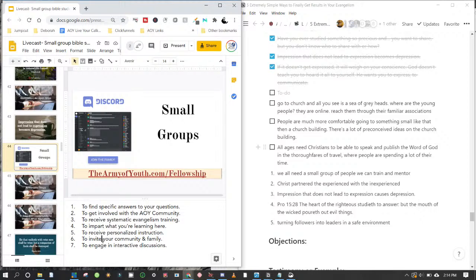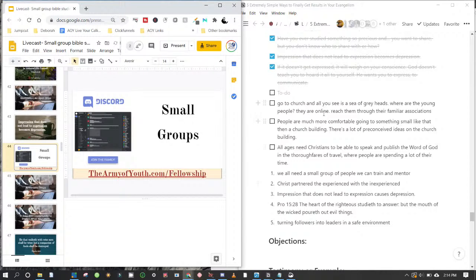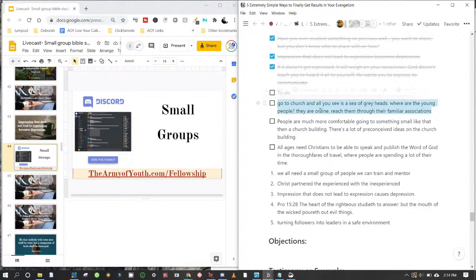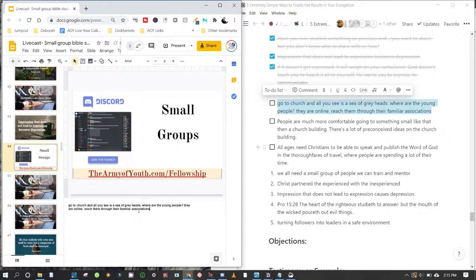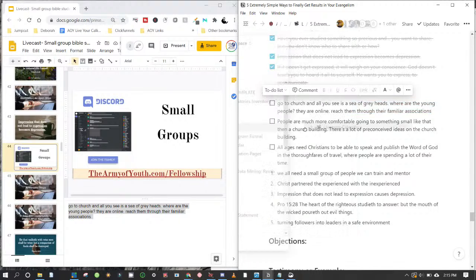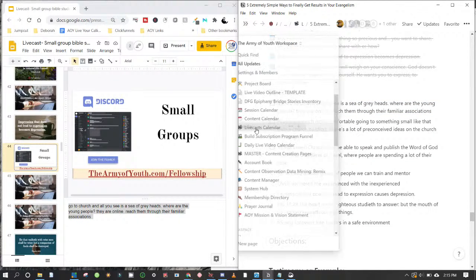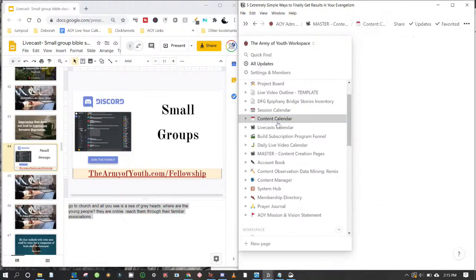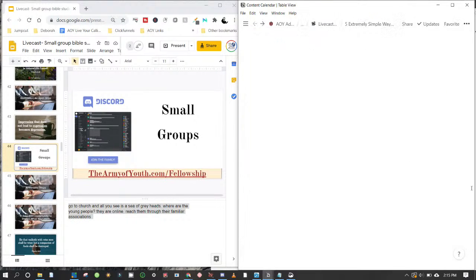So we could say, where are they? You just see a sea of gray heads. Whoa, that's really small. I don't want to click that. Take that back. Oh man. I clicked it.